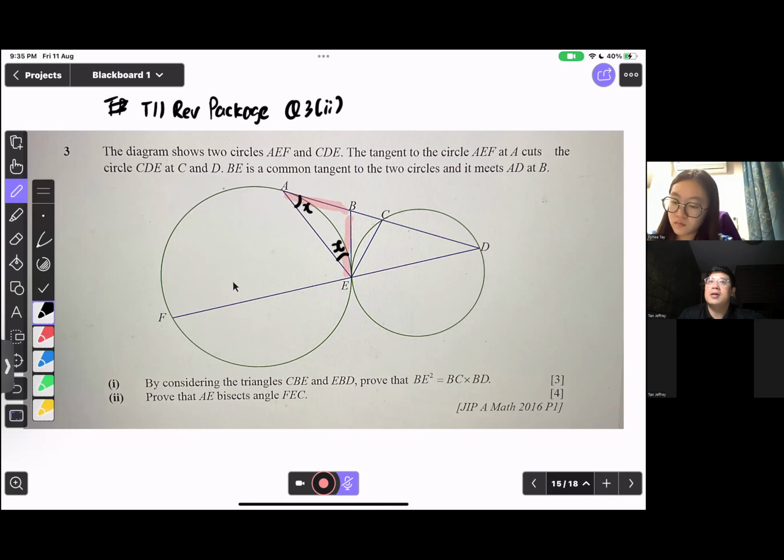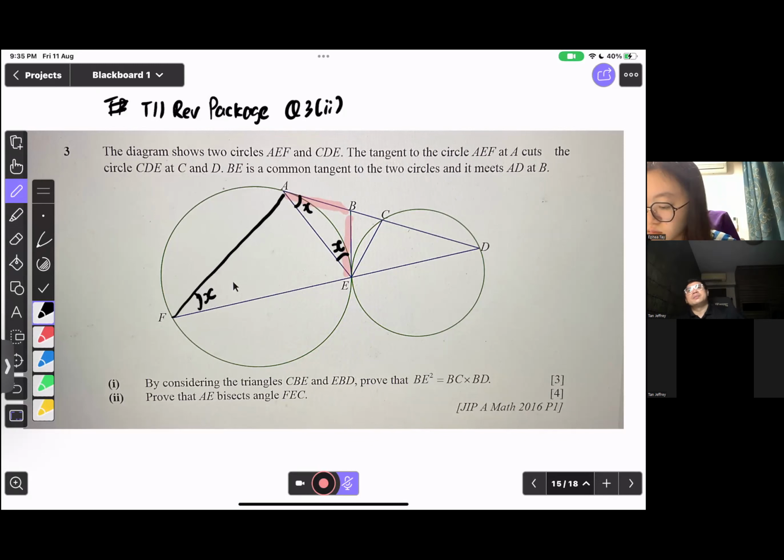Then, if this is x, I draw another line here. How do we know AB equals BE? Equal tangents. Both are tangents. Tangent property.